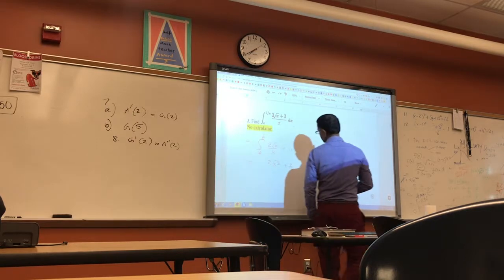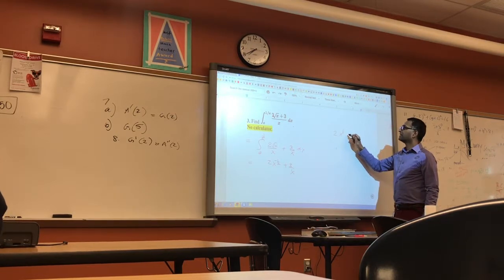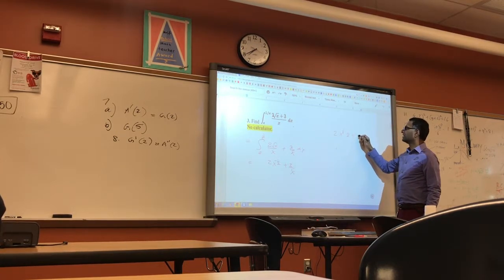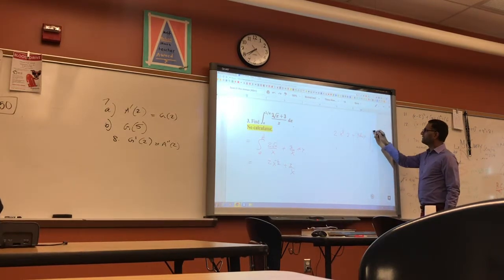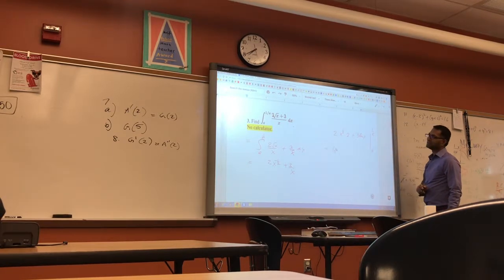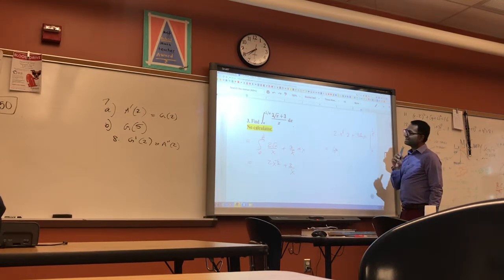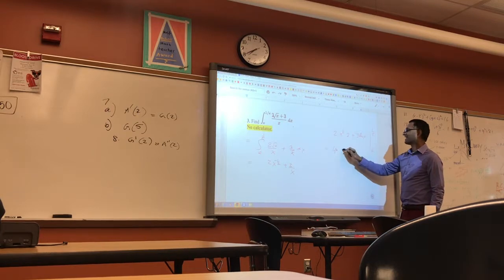Therefore, 2x to the 1/2 times 2 plus 3 ln x. Lower limit, upper limit 1 over e. So it's 4 radical, 4 times 1 over radical e.